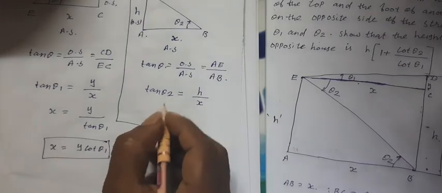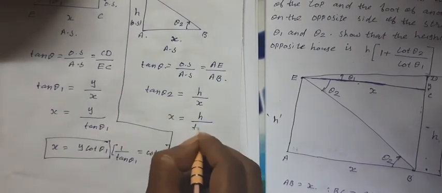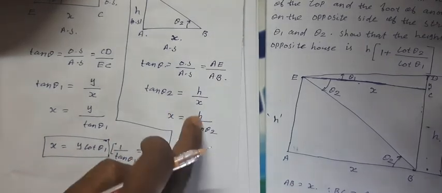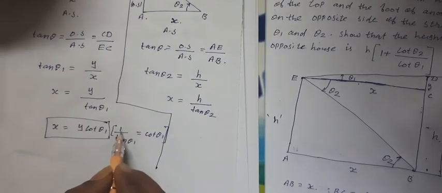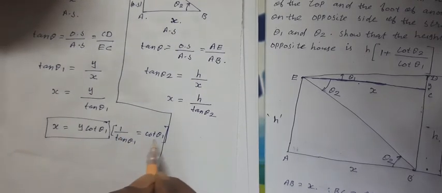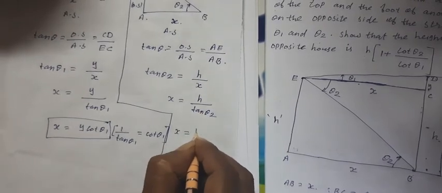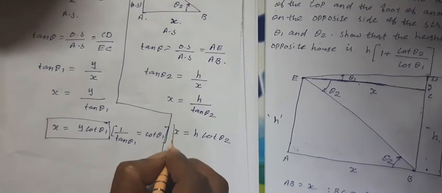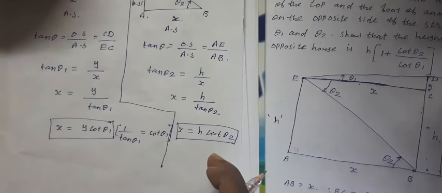Next we get x is equal to h by tan theta 2. Clear? Using the formula 1 by tan theta is equal to cot theta, we get x is equal to h cot theta 2.